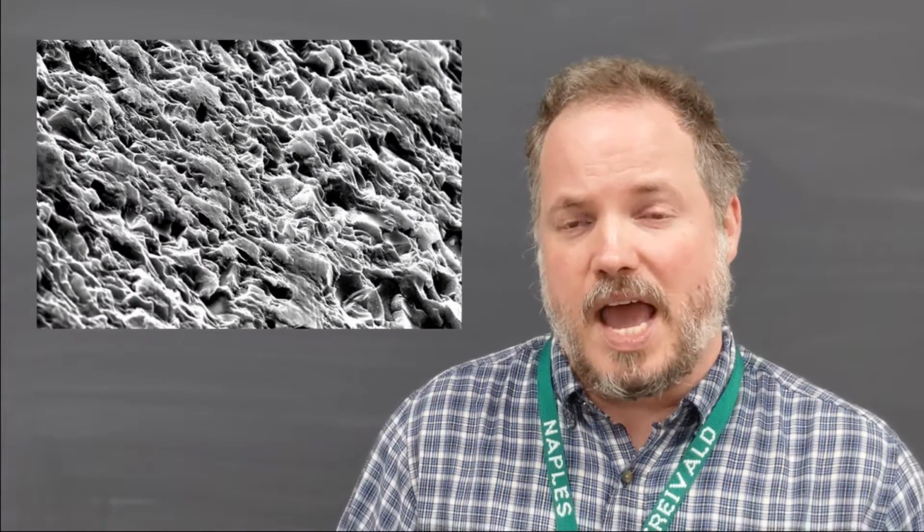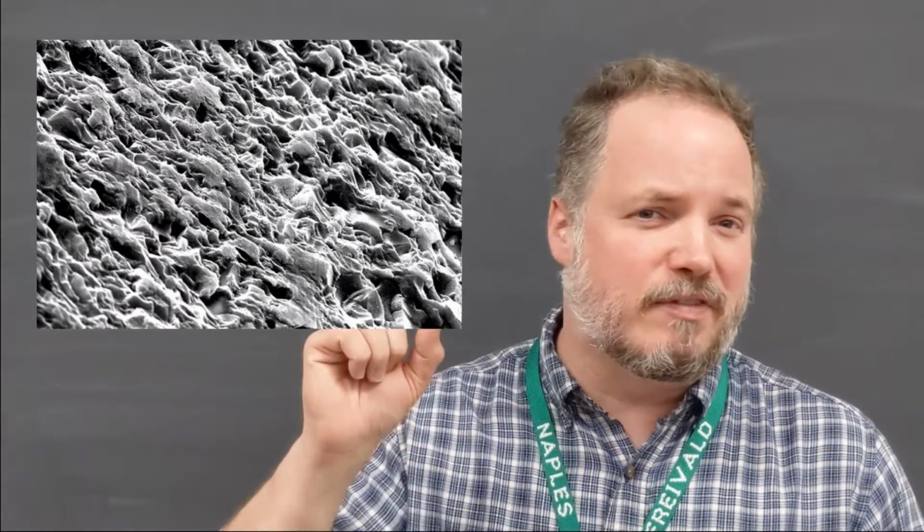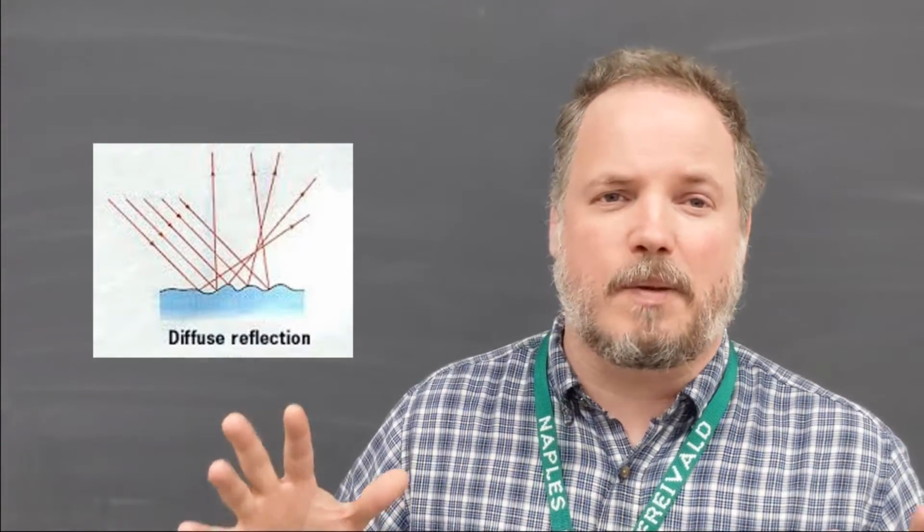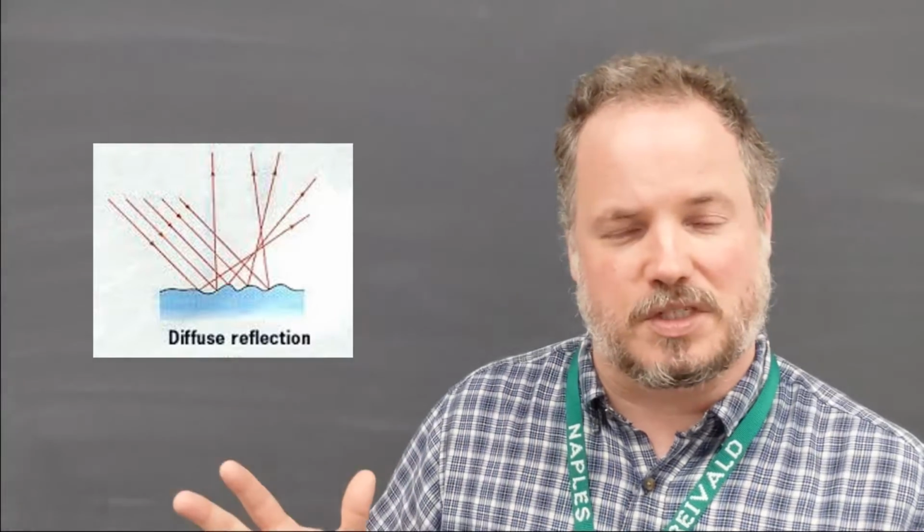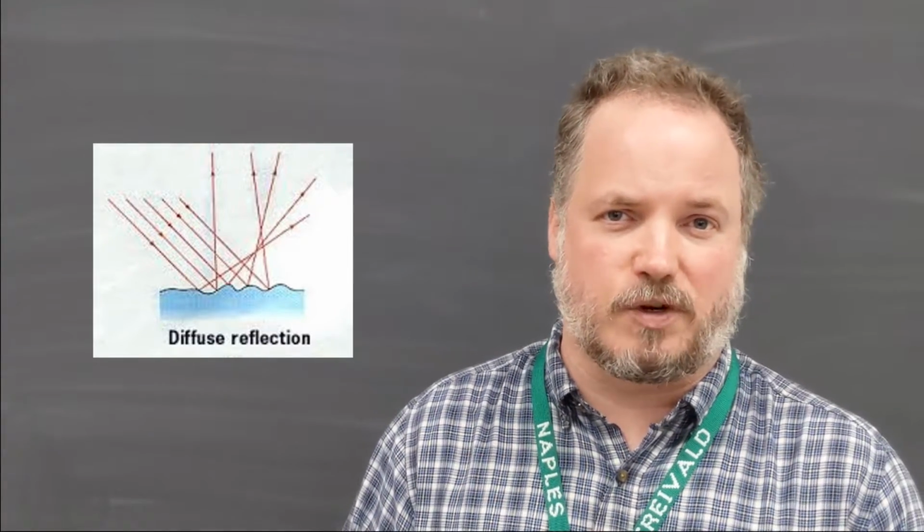So this is known as diffuse reflection, and it's because if you zoom way in, even on relatively smooth surfaces like a chalkboard, you will find that they are really rough and craggy on a very small scale. And so every little beam of light that hits follows the law of reflection, but when they all do, they end up hitting things with different normals, and so they reflect off in all sorts of different ways.